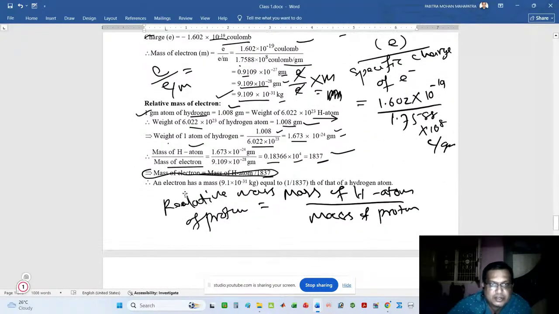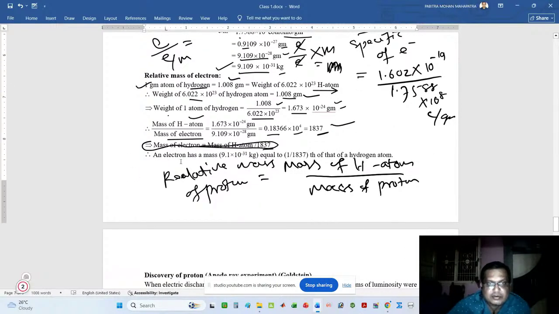Again I want to say, the mass of the electron is equal to the mass of the hydrogen atom divided by 1837. An electron has a mass of 9.1 into 10 to the minus 31 kg, equal to 1 by 1837 of that of a hydrogen atom.